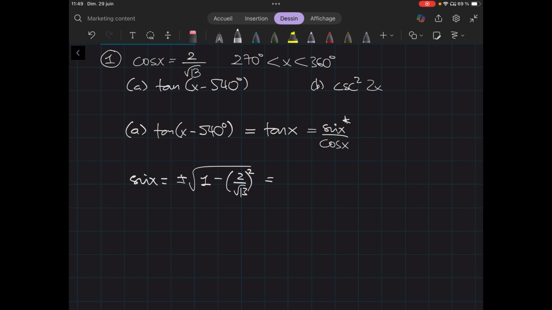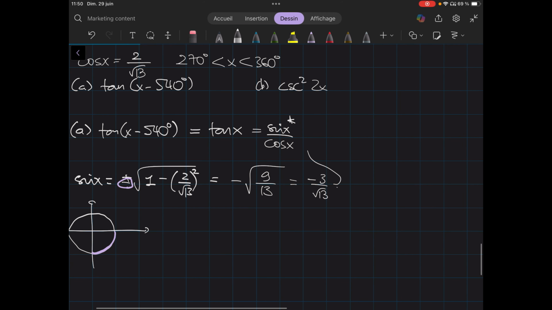Since x is in the fourth quadrant, sine of x is negative. So simplifying what's inside the square root, we should get root of 9 over 13, or negative 3 over root of 13.